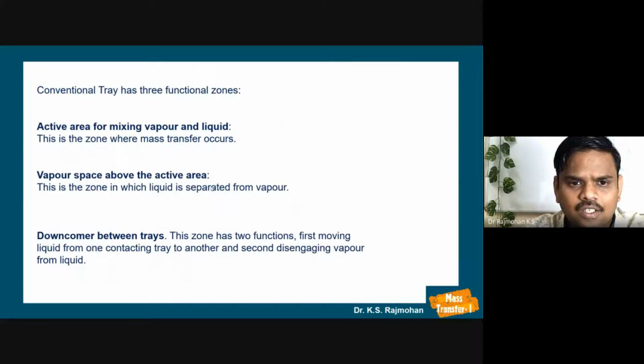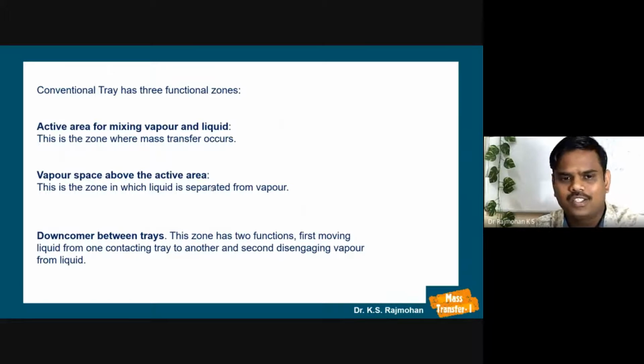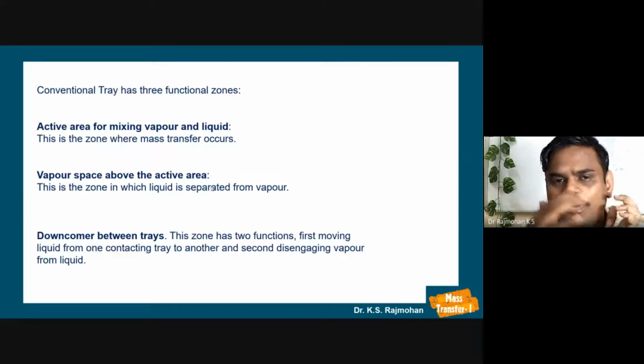Obviously a tray has three functional zones. One is the active area for mixing the vapor and liquid. As I said, the objective of any gas liquid contactor is to provide proper mixing so that gas and liquid come in contact with each other. This zone is where mass transfer is taking place. Above this we have a vapor space above the active area, in which the liquid is separated from the vapor.